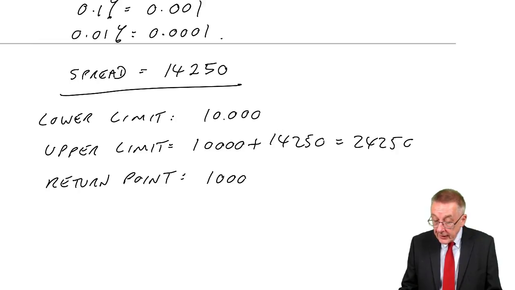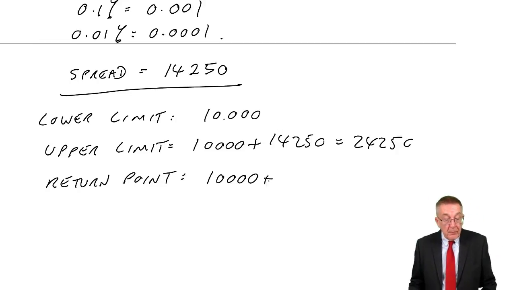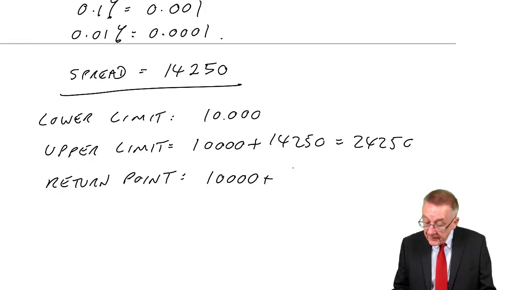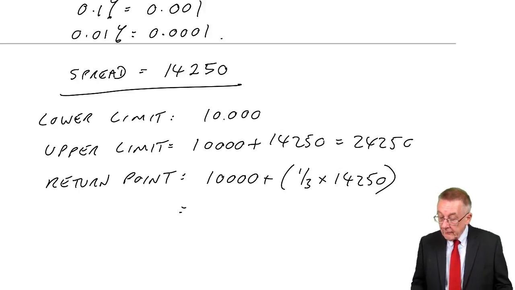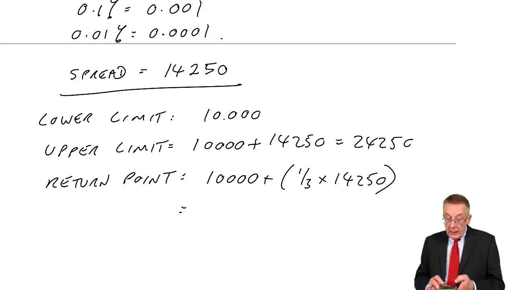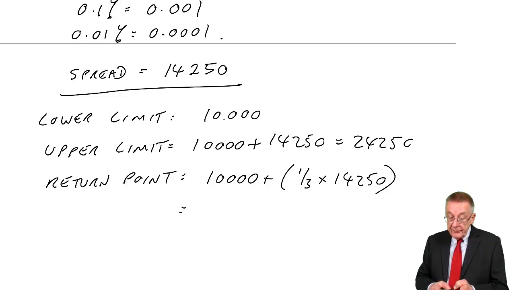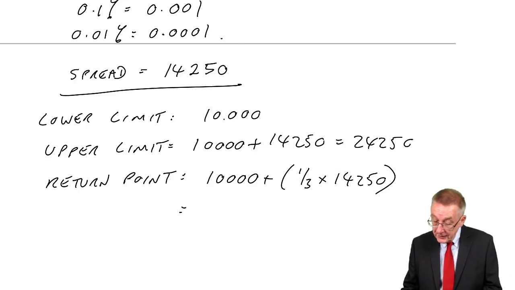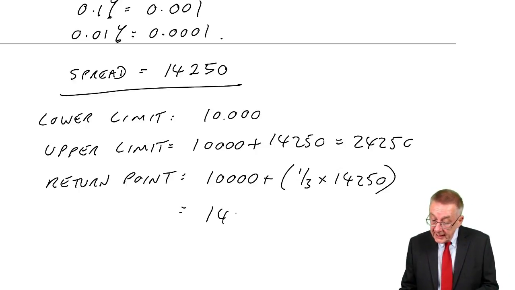The lower limit, 10,000. Remember, this formula is given. The return point is the lower limit, 10,000, plus 1/3 times the spread. Which gives us what? 14,250 divided by 3 is 4,750 plus 10,000. I get 14,750.